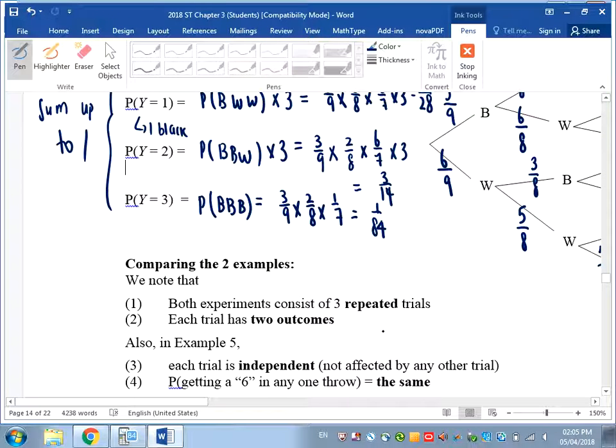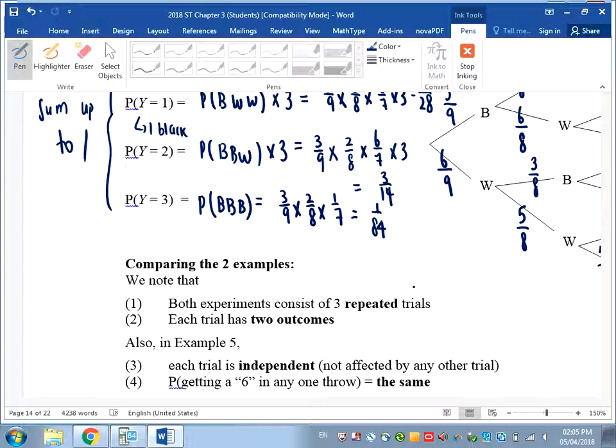Now, if we compare the 2 examples just now, notice that both experiments consist of 3 repeated trials. Just as for the first one, I throw a die 3 times, and now, I draw a counter 3 times. Each trial has 2 outcomes, as we can see.